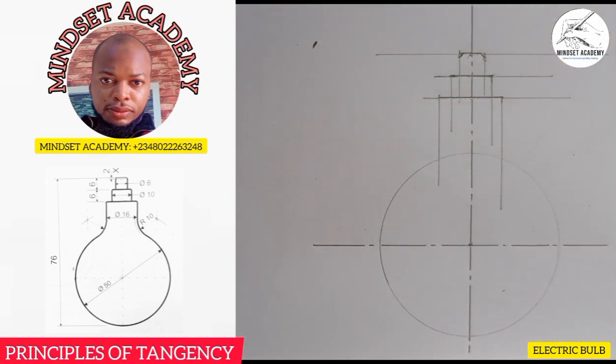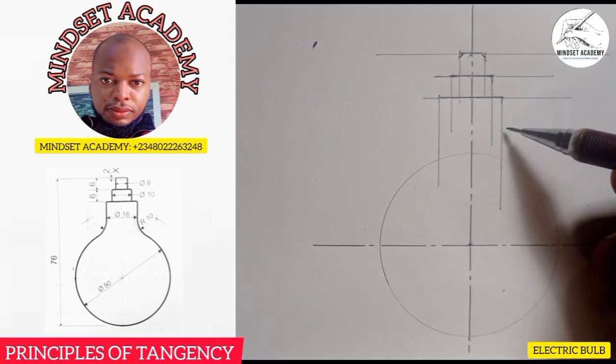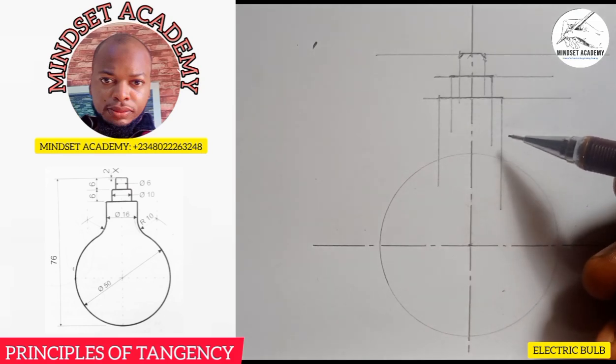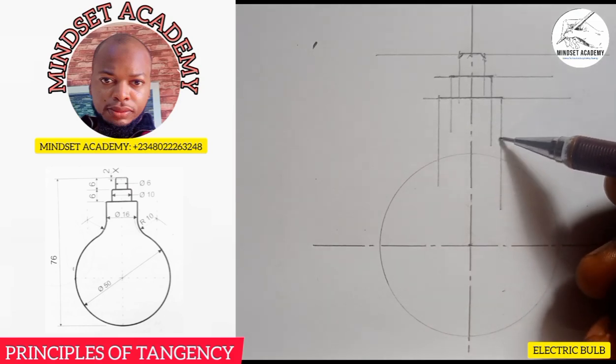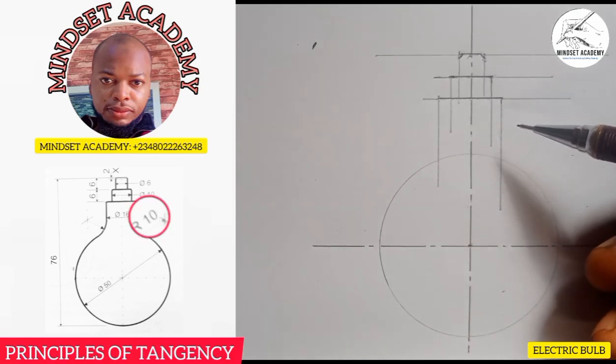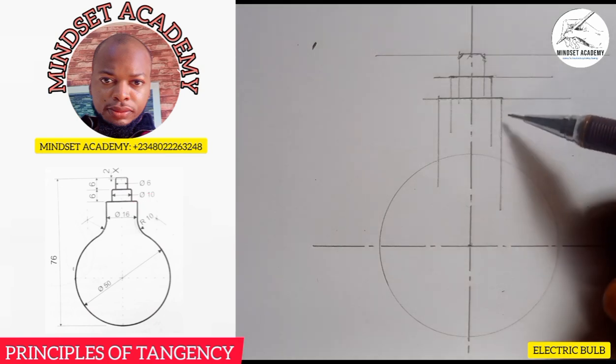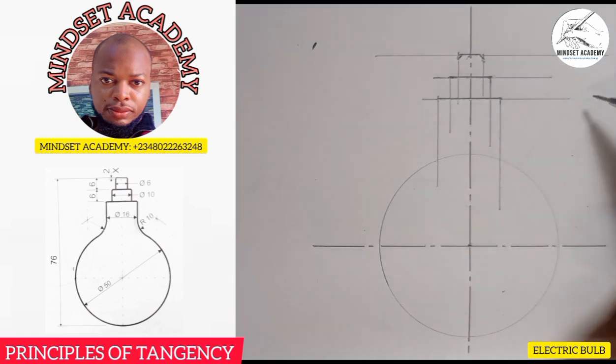Now what I'll do is this. There is an arc connecting these two circles together, and the radius of that arc is given to be what? 10. Am I correct? So from where the arc touches this line here, I'll measure 10.